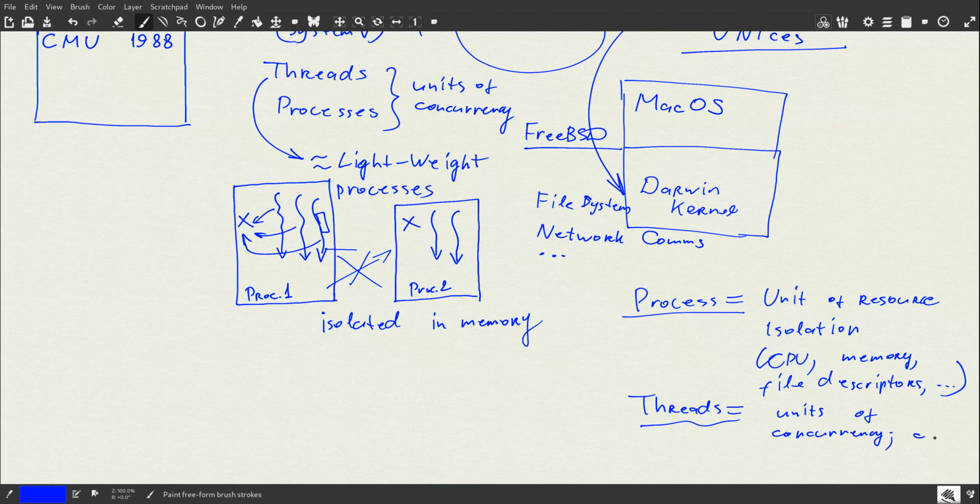All other resources, that's important, are shared between threads. In particular, file descriptors are shared, memory is shared.